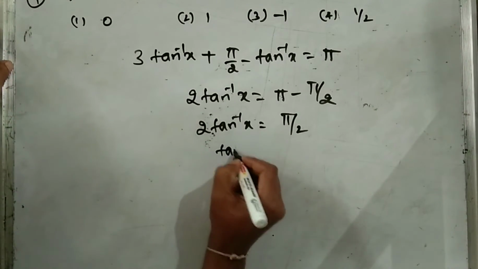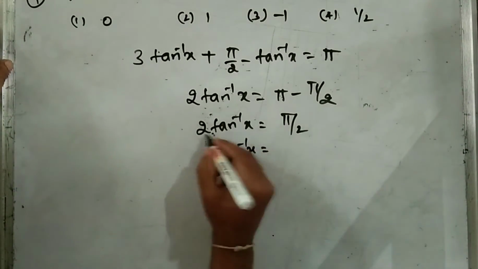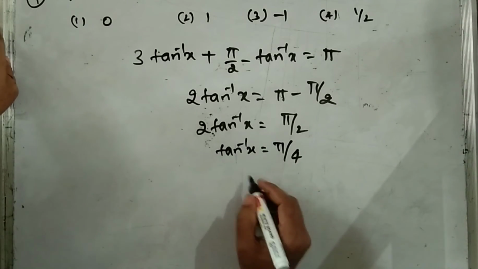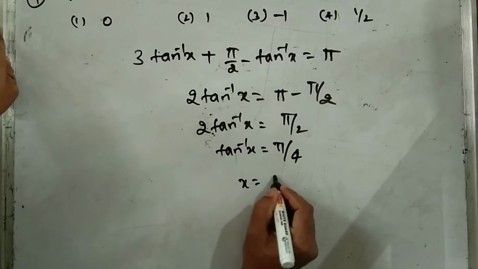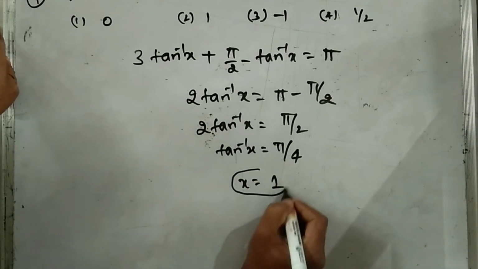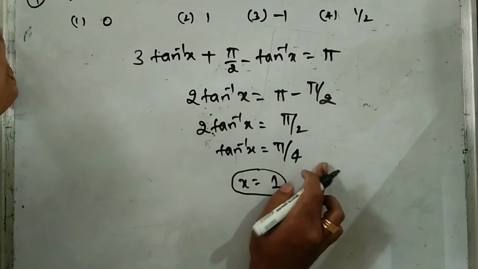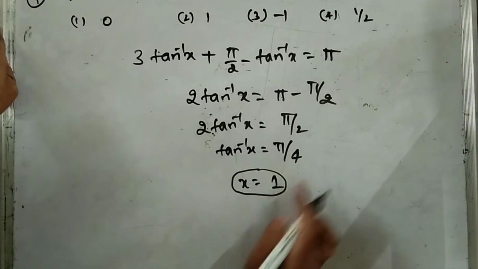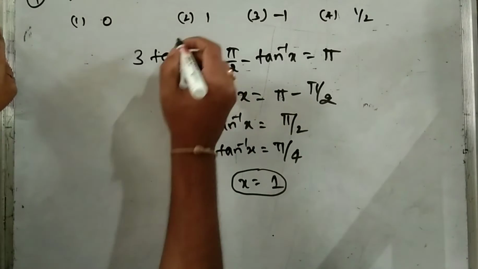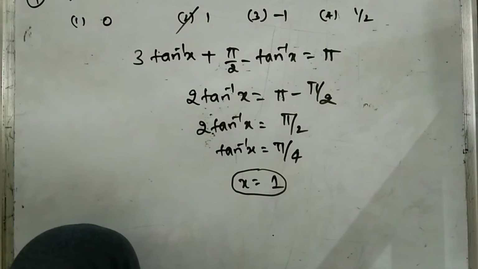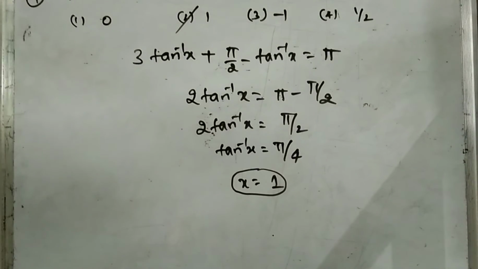That is tan⁻¹x = π/4, the 2 going to that side. π/4 means, what is the value of x? x = tan π/4, x value is 1, that is the second option. Okay, let me move on to the next one.